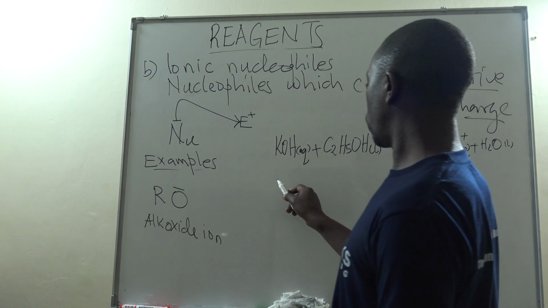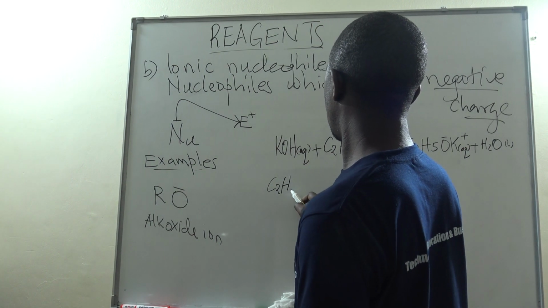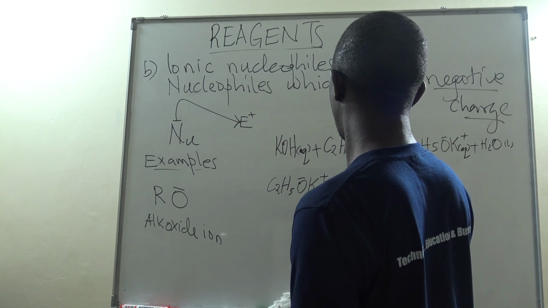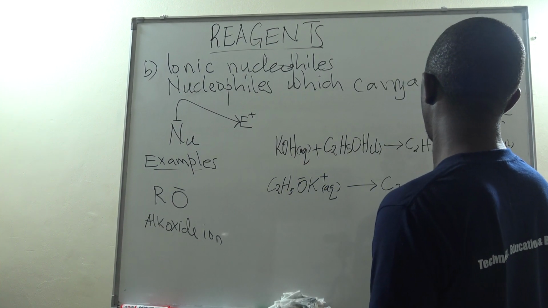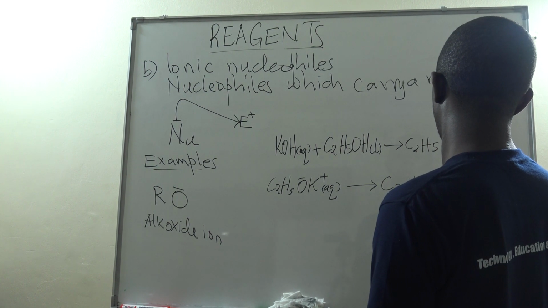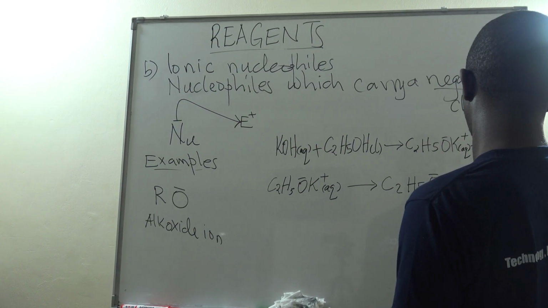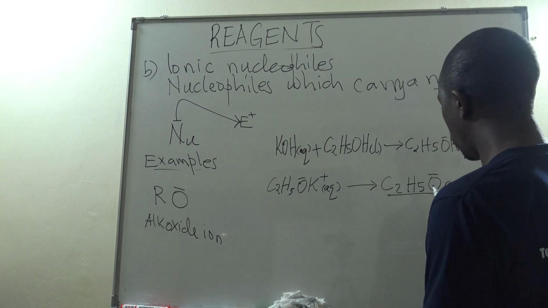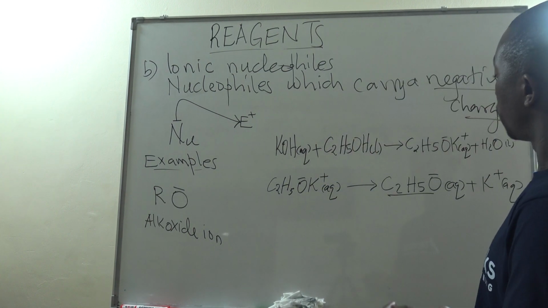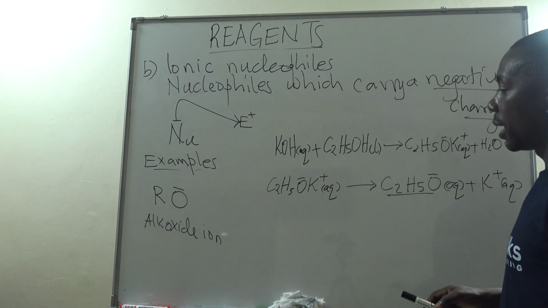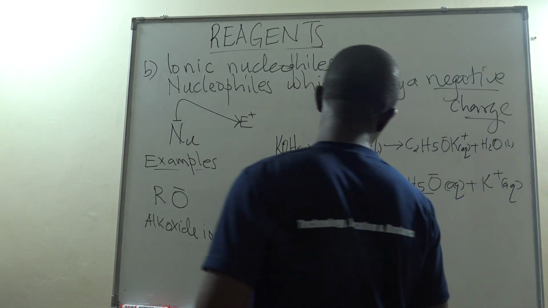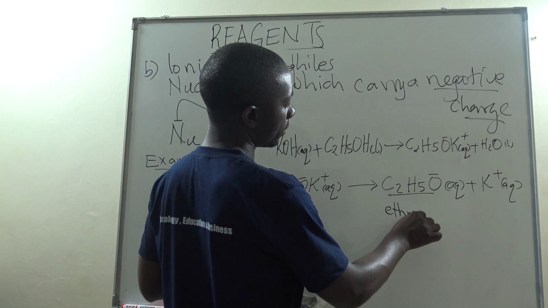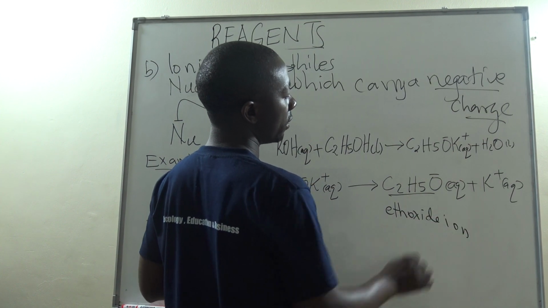Now, when we dissociate the salt completely, this is what we generalize as alkoxide. Depending on the number of carbon atoms it has is where we derive the name. For example, this one has 2 carbon atoms, therefore we call it ethoxide ion.